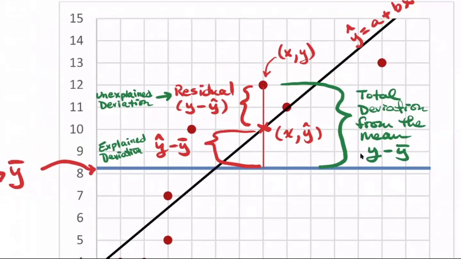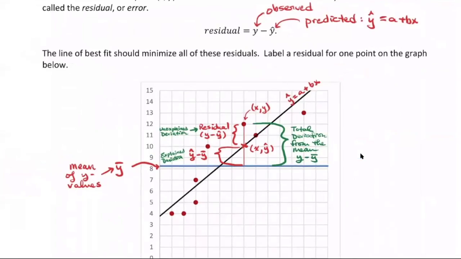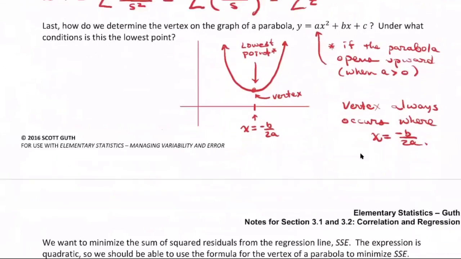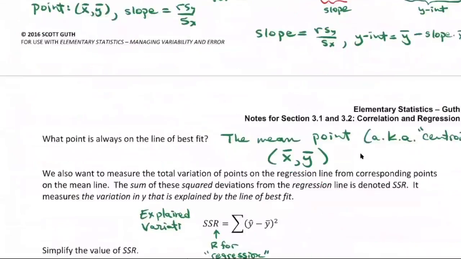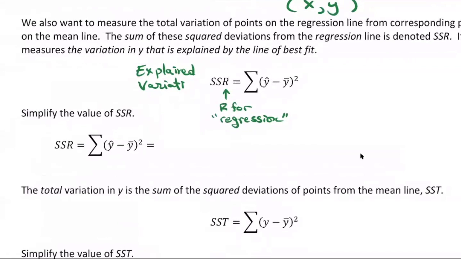So explained deviation is that deviation which is predicted by the line of best fit. Okay, so going back down, they want us to get a value for this total explained variation from the line.